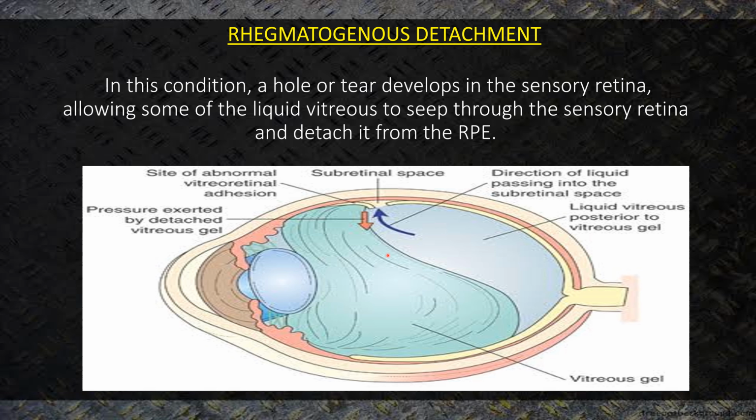If it has got detached, what will happen? As you can see, it is written over here, RPE. What is RPE? The RPE is the retinal pigment epithelium.